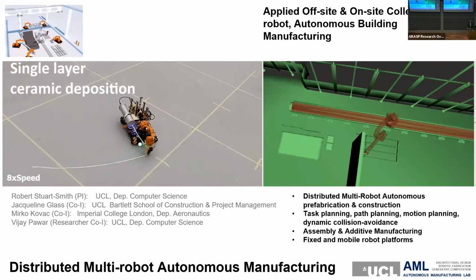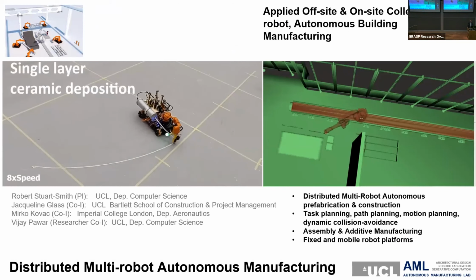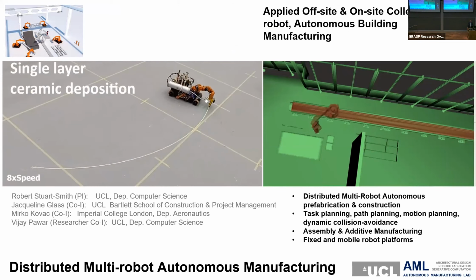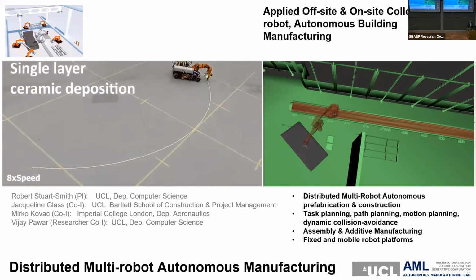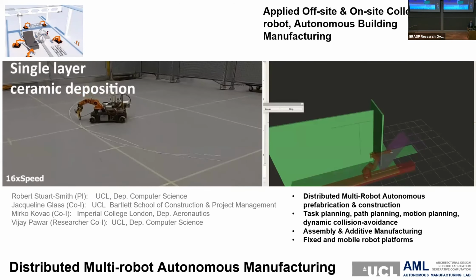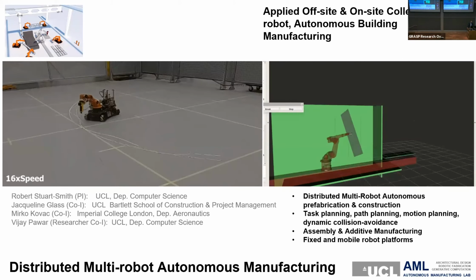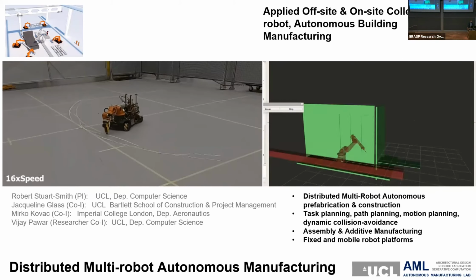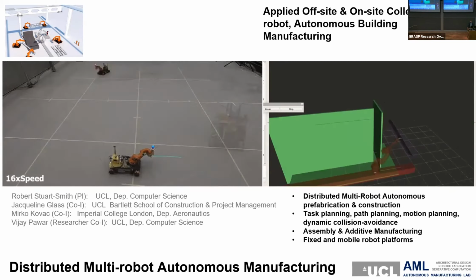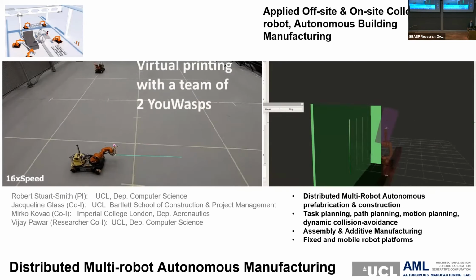We're incorporating external localization from motion capture and metrology for high precision work, but at the same time we decompose tasks in such a way that robots are able to adapt to what they've already built, to what each other has built, do real-time collision avoidance through onboard sensing, and basically perform things that often are considered offline programming, performed online in real time.